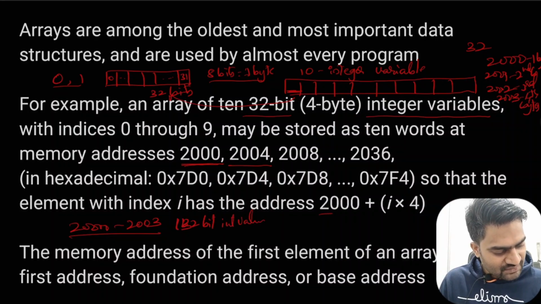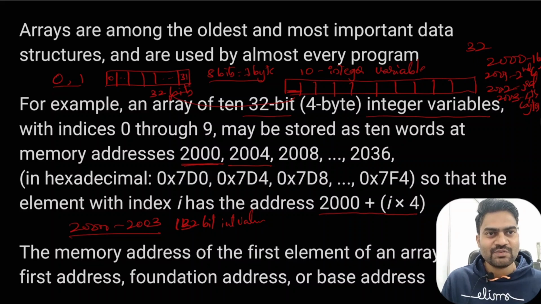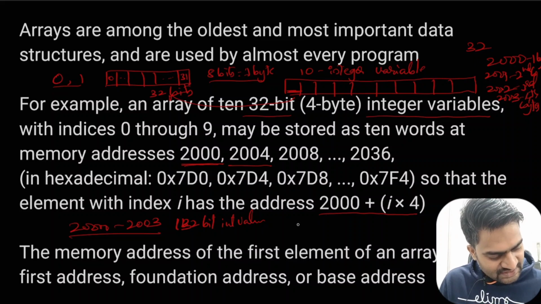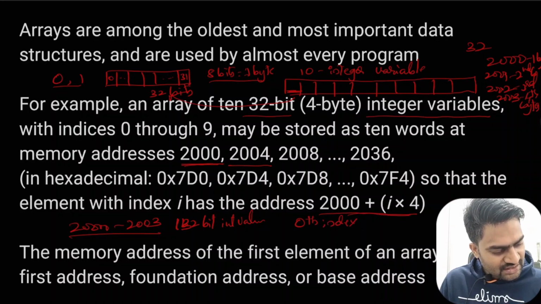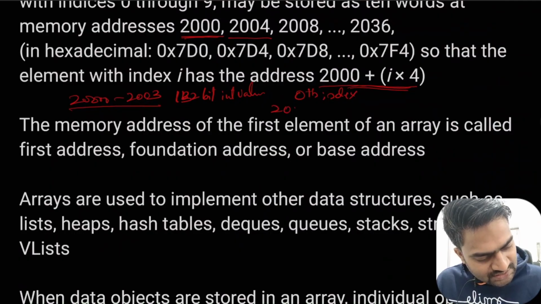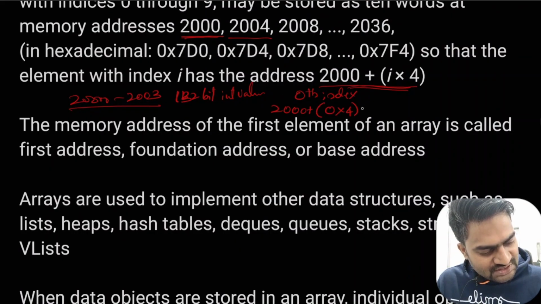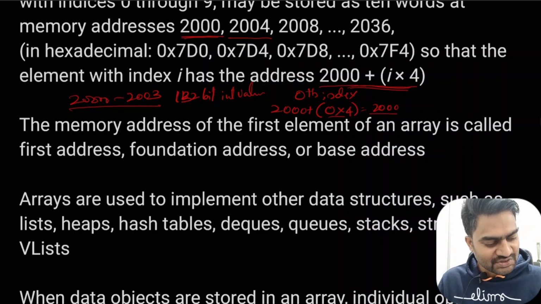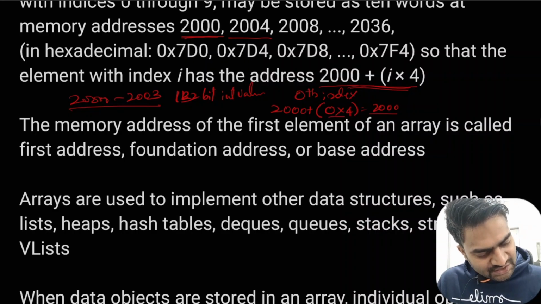So that's what we are trying to say. Assume we are storing the value at the 0th index. If you substitute that here, what will it become? 2000 plus I, which is 0, times 4, which is 2000, because 0 times 4 is 0. Now assume we are trying to store the element at the first index.